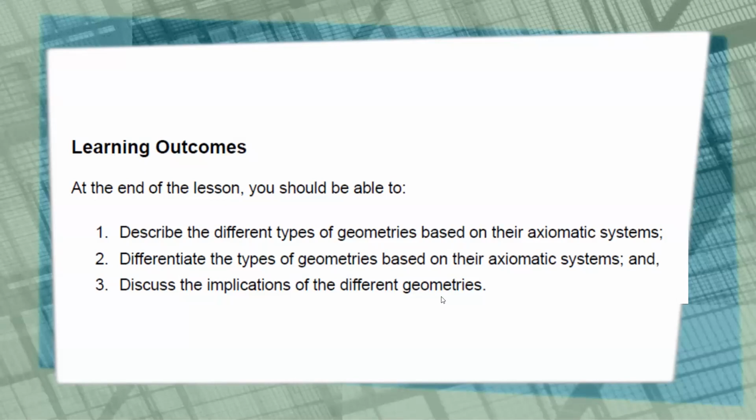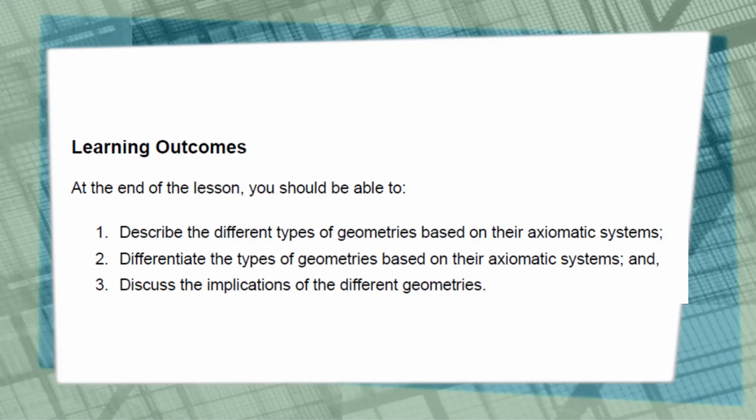So we will describe the different types of geometries based on the axiomatic system. It means that even geometry itself, meron siyang axioms, or it can be built on axioms or tinatawag nating axiomatic systems. And then for a different set of axioms or different axiomatic system, we can derive different geometries.